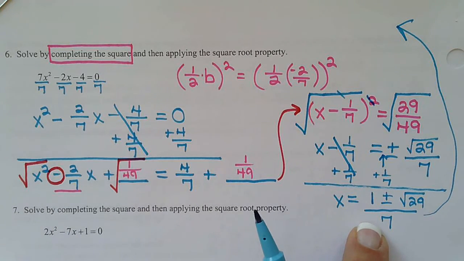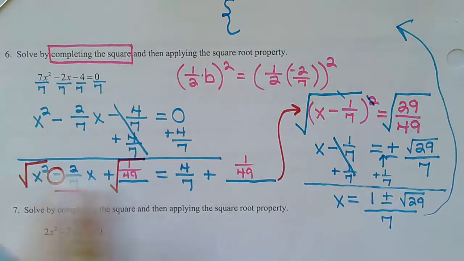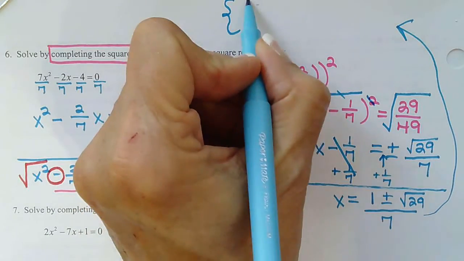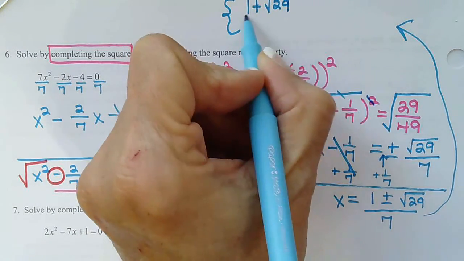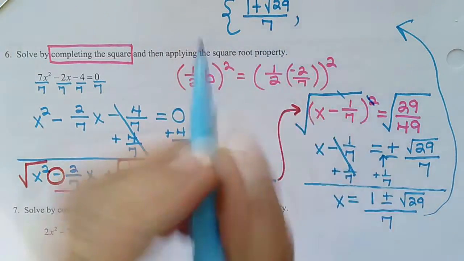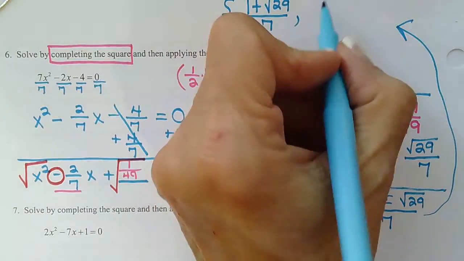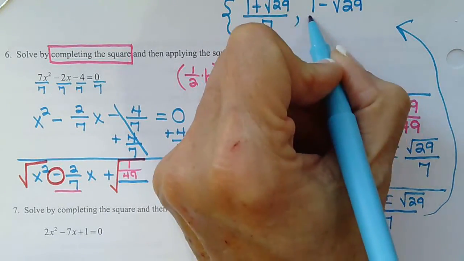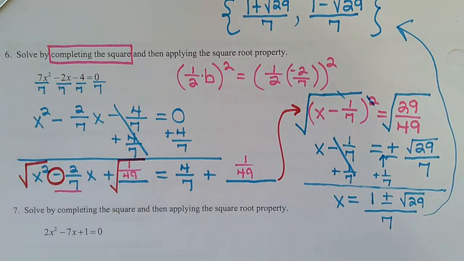So solution 1, 1 plus radical 29 over 7. And solution number 2, 1 minus radical 29 over 7. And there we go, as ugly as it may be.